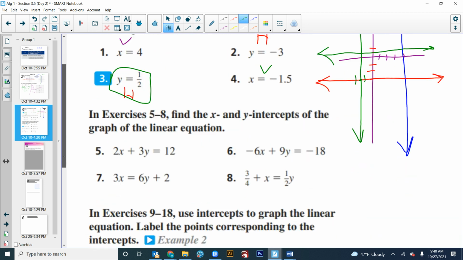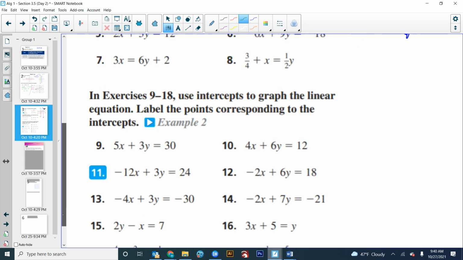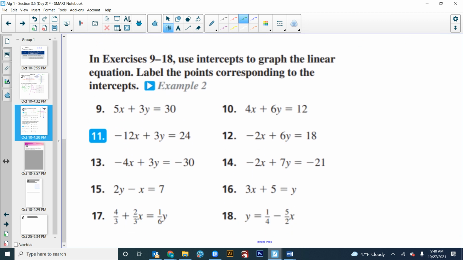So you didn't have to do 8, right? No. All right. Then we did odds from 9 to 15. Guys, pick. I'll do 13 or 15. Pick one of them. 15.